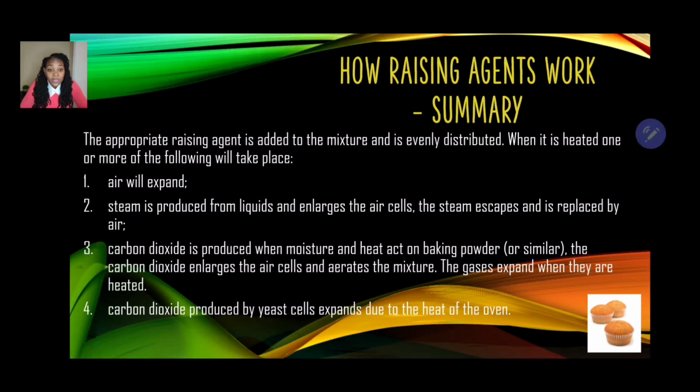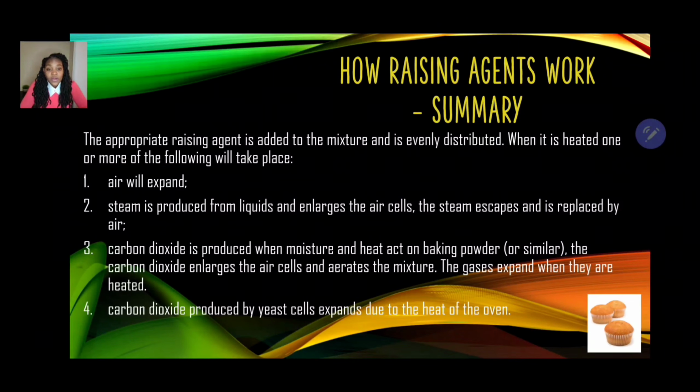Three, carbon dioxide is produced when moisture and heat act on baking powder or similar. The carbon dioxide enlarges the air cells and aerates the mixture. The gases expand when they are heated.